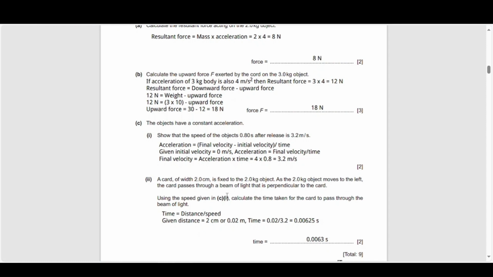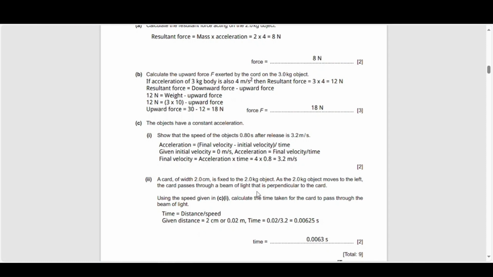Say there is a laser which measures the speed, and when the laser gets cut by this card as the object passes, it measures the amount of time it takes for the object to pass.